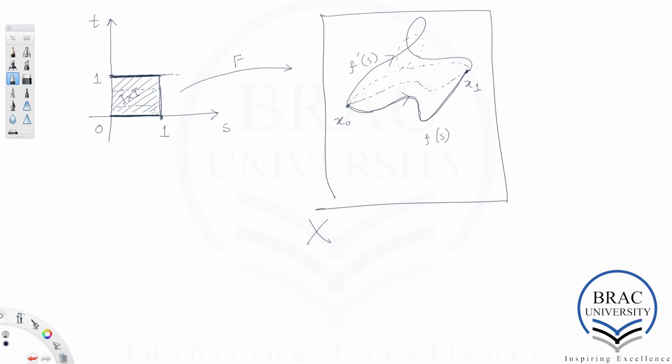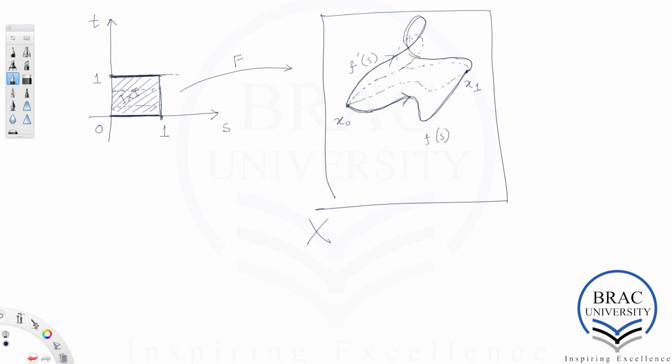So this path corresponds to a fixed value of t taken to be 0, and for t equal to 1 we have this path. Okay, but there are values between 0 and 1 of t, right? So we have chosen two fixed values of t here, and we have drawn the corresponding paths here.